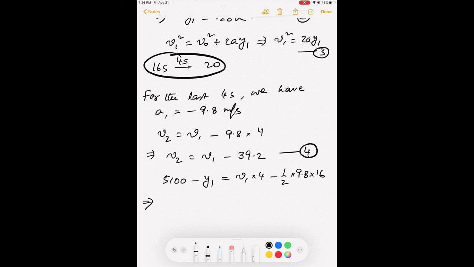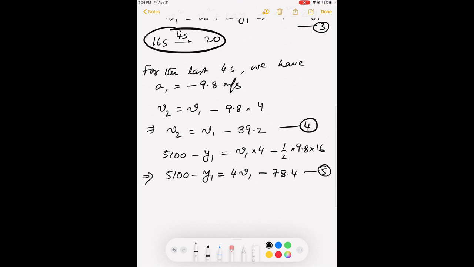So if you continue simplifying this, you are going to get 5100 minus y1 equals 4v1 minus 78.4, and you can call it equation number 5.